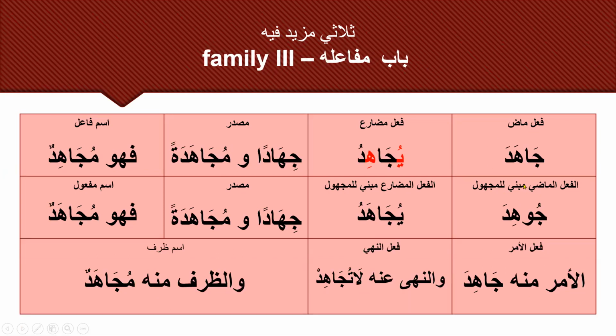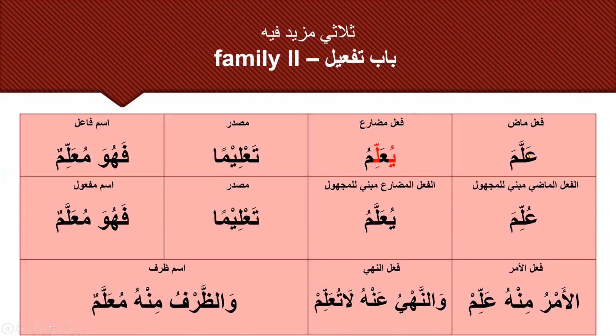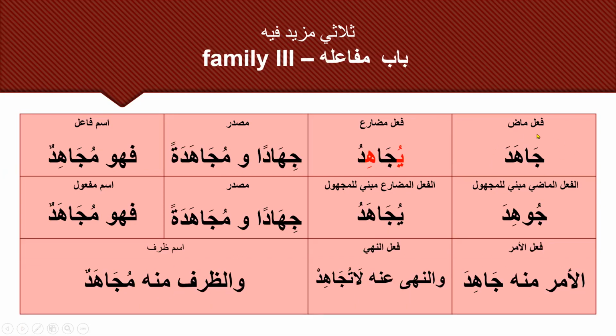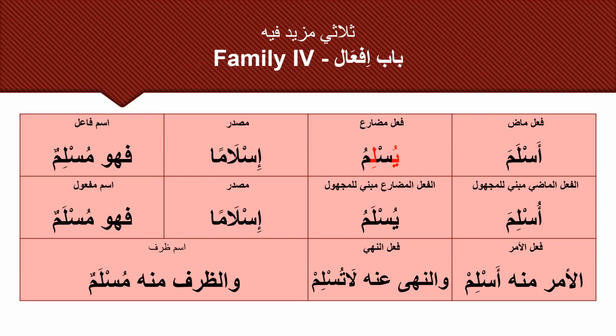And the most common that are used are, for family two, allama. And for family three, the word that is used is jahada. These are the default words that are used for these. But in the classical Arabic books, you will not find them.